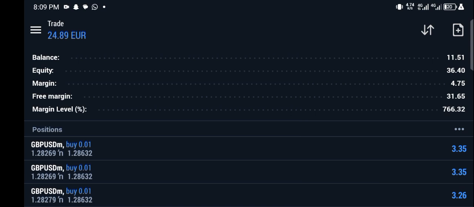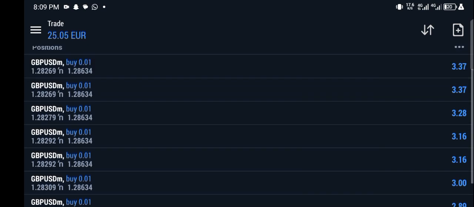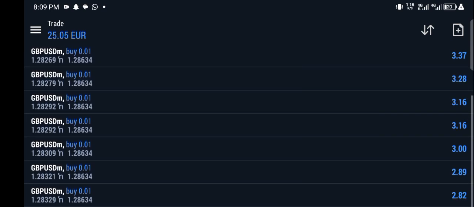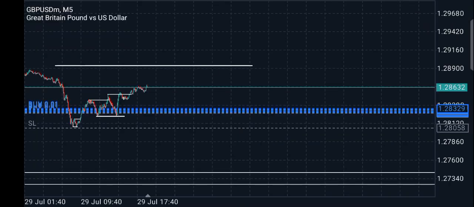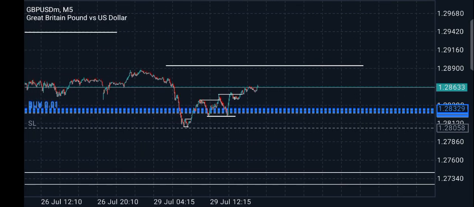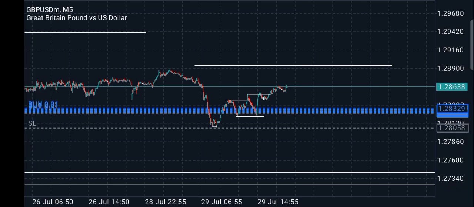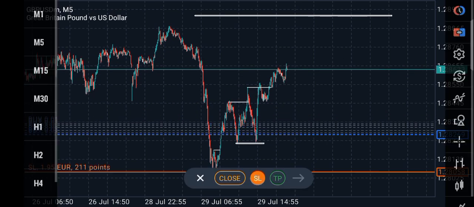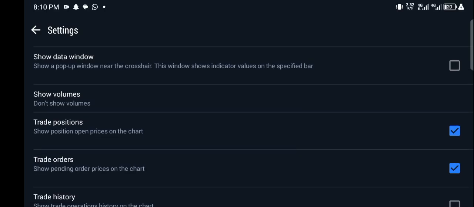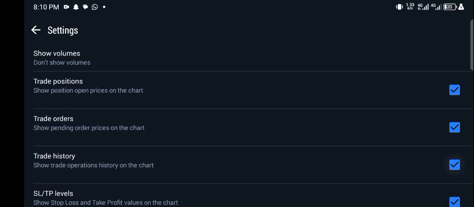Okay, back on the trade. So guys, after some hours I came back to the chart to check on the trade. So after some minutes I took a second entry because here on the 5 minutes, my first entry, let me start up my history. Okay, this is the trade history.